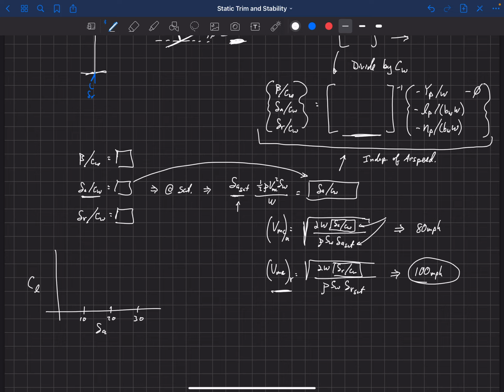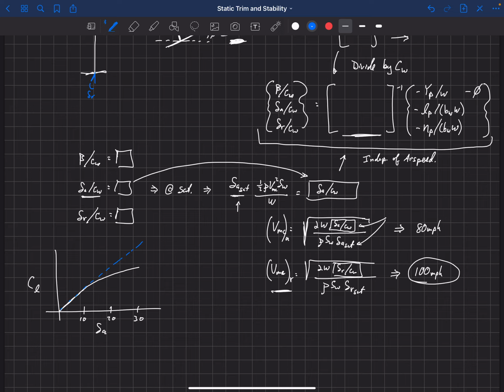For small deflections from 0 to 10 or so, that's pretty linear. But past that, we lose some effectiveness, and it's not linear anymore. So in this analysis, we've assumed that this is linear, and the values we get out of this solution assume that linear relationship.